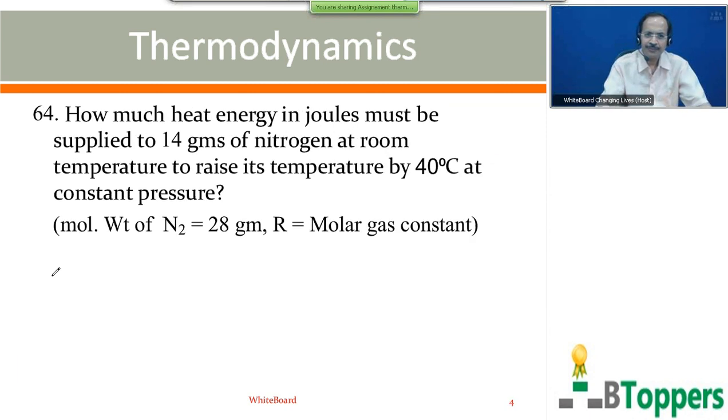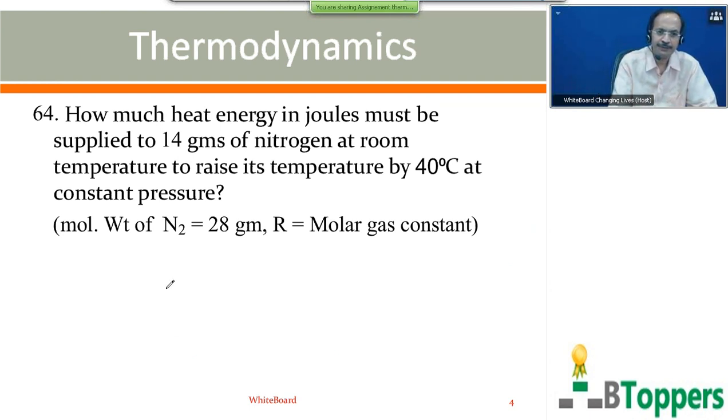Then look at the next question. Question number 64, which was also given in one of the previous MHT CET exam papers. How much heat energy in joules must be supplied to 14 grams of nitrogen at room temperature to raise its temperature by 40 degrees centigrade at constant pressure?